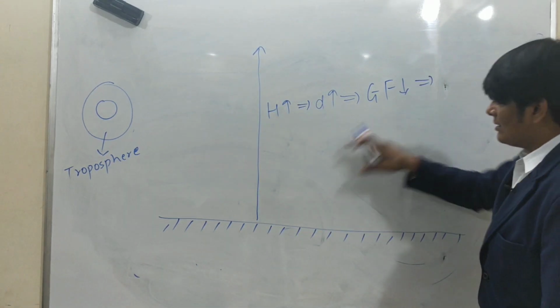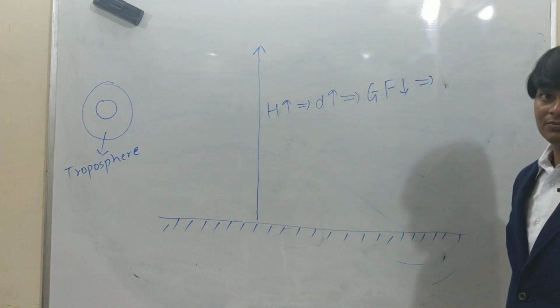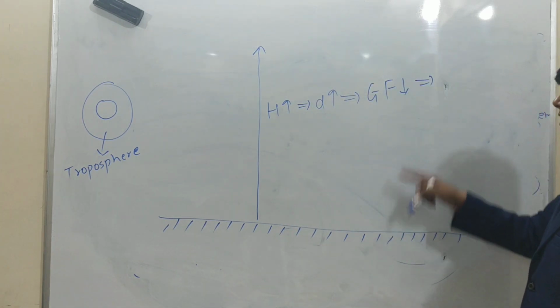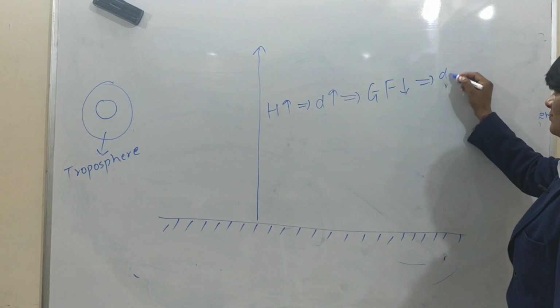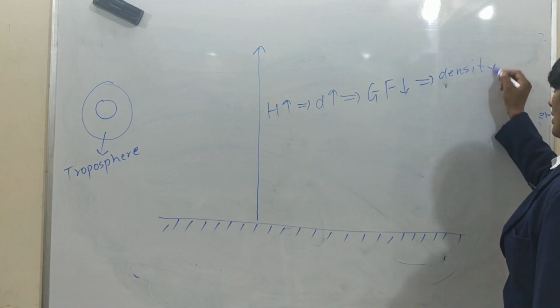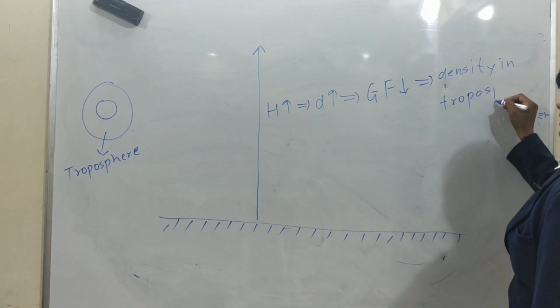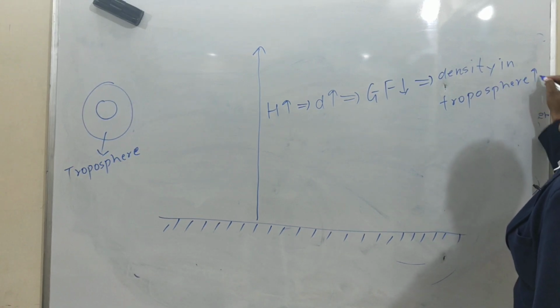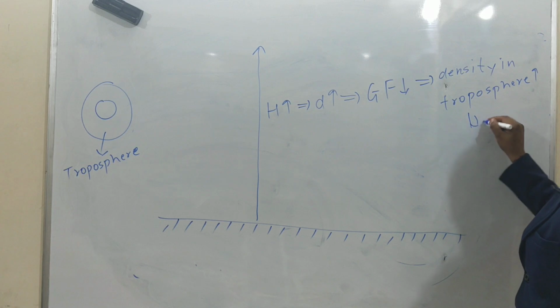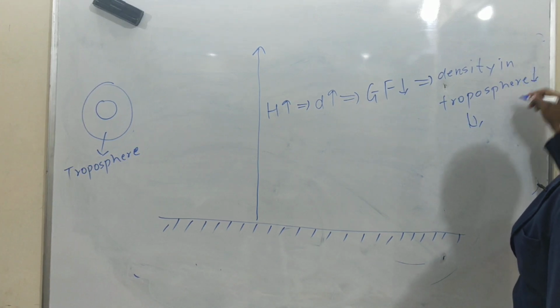So if the gravitational force decreases, the density of the troposphere will also decrease.